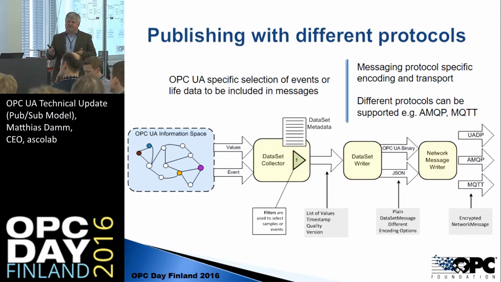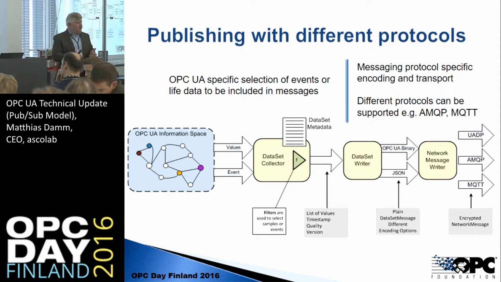So every event would then create a data set. And this is all OPC UA specific, so it defines how existing OPC UA constructs like variables and events are mapped to a message creation.